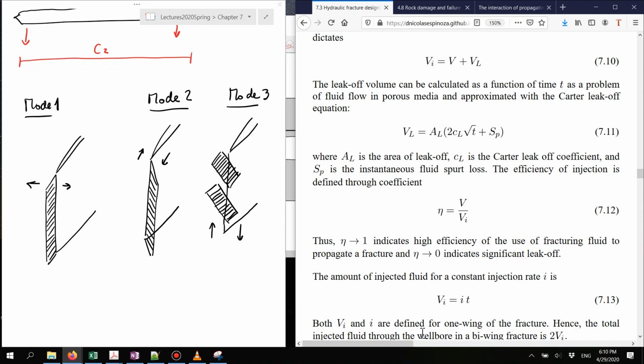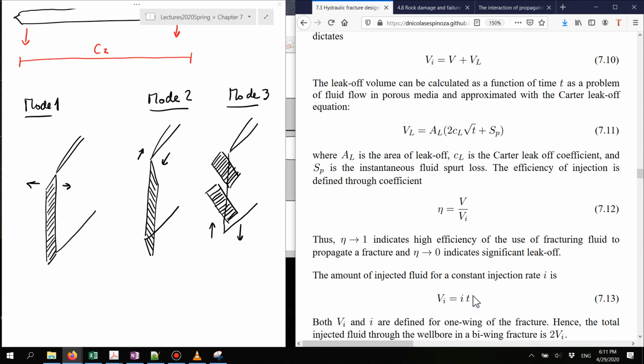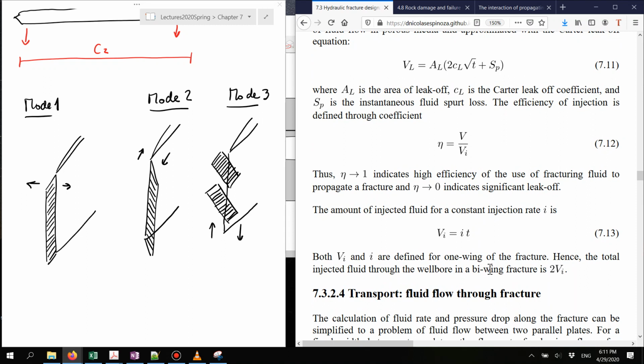We can make a simplification also to compute this injected volume. If we have a constant injection rate I, then the injected volume is just going to be equal to the constant injection rate times the time. So that's going to be a very easy number to compute. For these computations, it's very important that you remember that this injection rate I is considered just for one wing of the fracture.